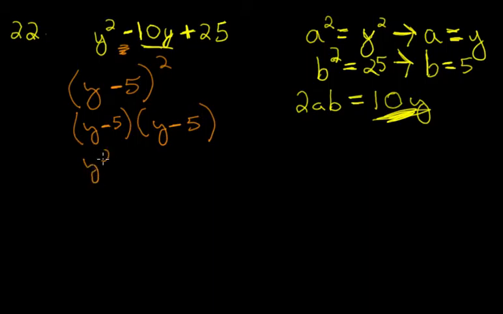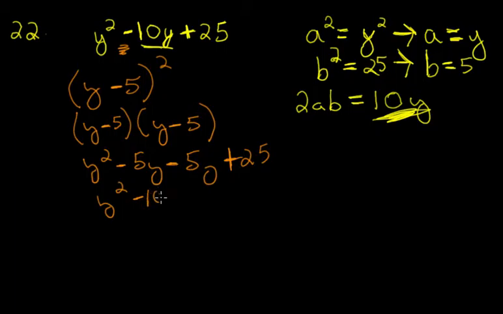So first gives me y squared, outer gives me 5y, inner gives me minus 5y, last gives me 25. And when I combine these middle terms, there's 2 of them. It doubles, right? 2ab. So I get y squared minus 10y plus 25. Well, that's where I started from. So I know that this technique is proper. So it works out nice.